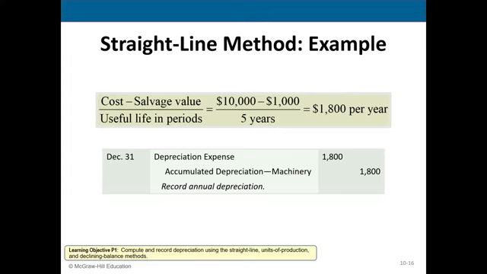As I had mentioned, depreciation expense is an income statement item, because it's an expense. And the accumulated depreciation is a contra asset account that normally holds a credit balance, and that's on the balance sheet.